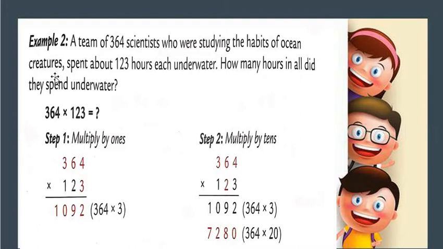Those animals that live in the ocean, it's called ocean creatures' habitat. And again I'll repeat, a team of 364 scientists who were studying the habits of ocean creatures spent about 123 hours each underwater.